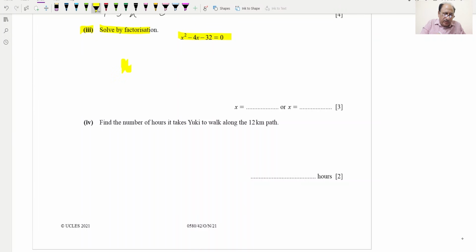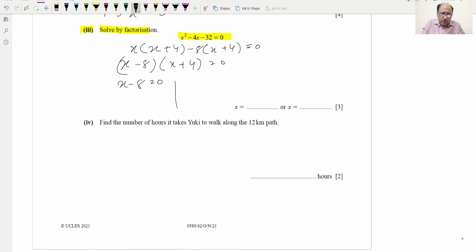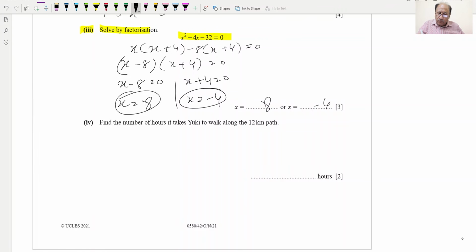So we can write x minus 8 and x plus 4 is equal to 0, and as an intermediate step we can write x into x plus 4 and minus 8 into x plus 4 equal to 0. Now x minus 8 is equal to 0 or x plus 4 is equal to 0. So x is equal to 8 and x is equal to minus 4. These will be our two answers which we can provide over here.